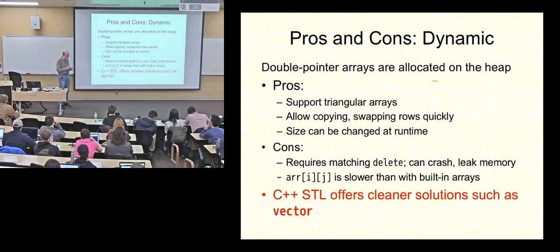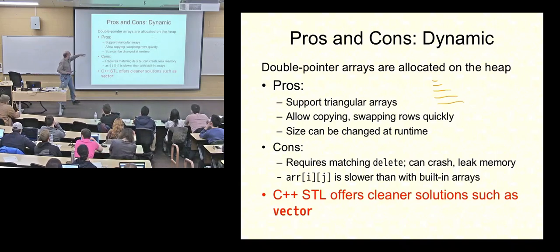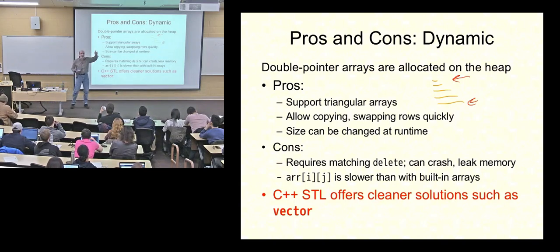I've got row 1, row 2, row 3, row 4 all increasing in size. I can swap rows very quickly. In the pointer version, I can say, hey, just swap row 0 with row n-1. Boom, O of 1 operation to swap 2 rows. In the non-pointer version, I have to swap every value within those rows.